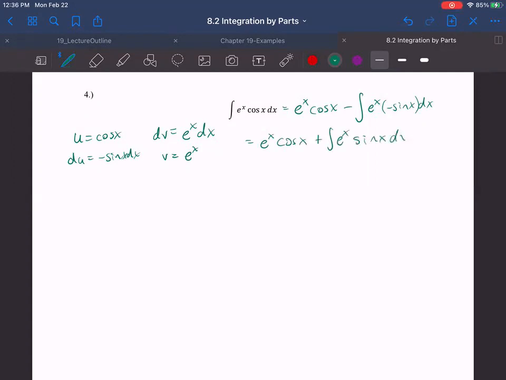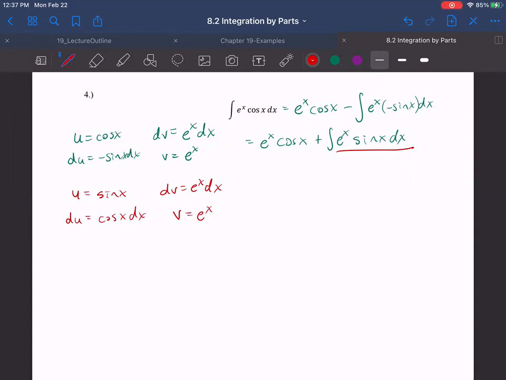And so we look at that and say, oh, wait, that right there is another integration by parts, right? So we'll take a look at this one. Here we say u equals sine x, and dv is e to the x dx again. And so du becomes cosine x dx, and v is e to the x again.